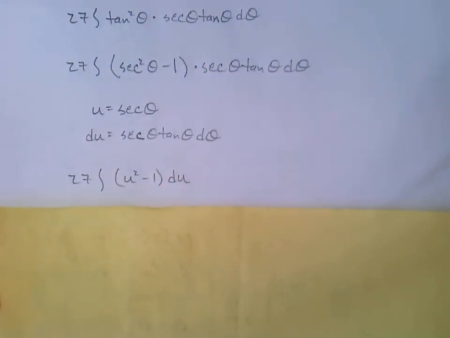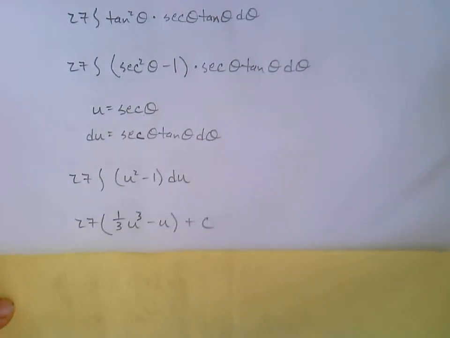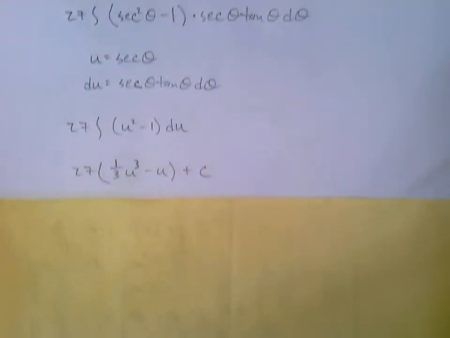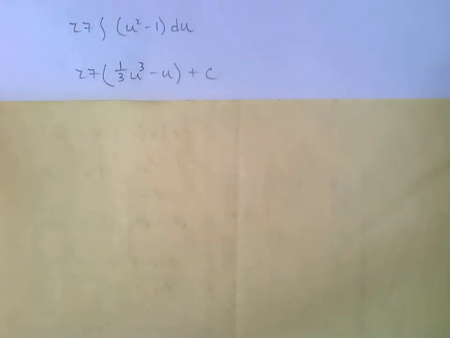So that's a very nice u sub: 27 integral u squared minus 1 du, which gives us 27 times 1/3 u to the third minus u, plus c.